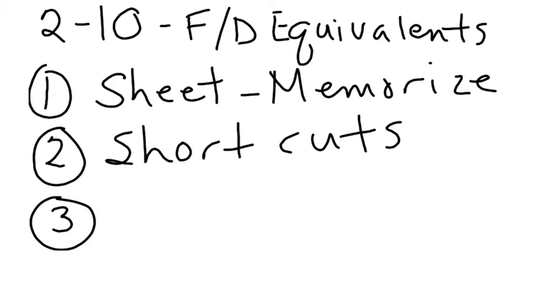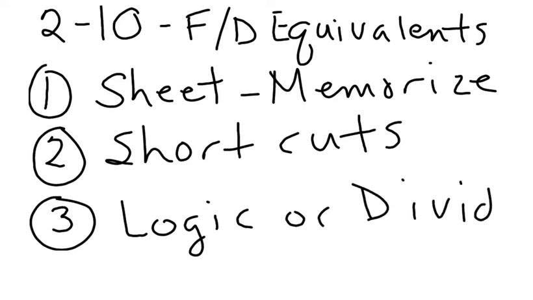The normal way. When you're changing a decimal to a fraction, it's pretty logical. When you're changing a fraction to a decimal, you usually have to divide. So we're going to say logic or divide. 3 ways.